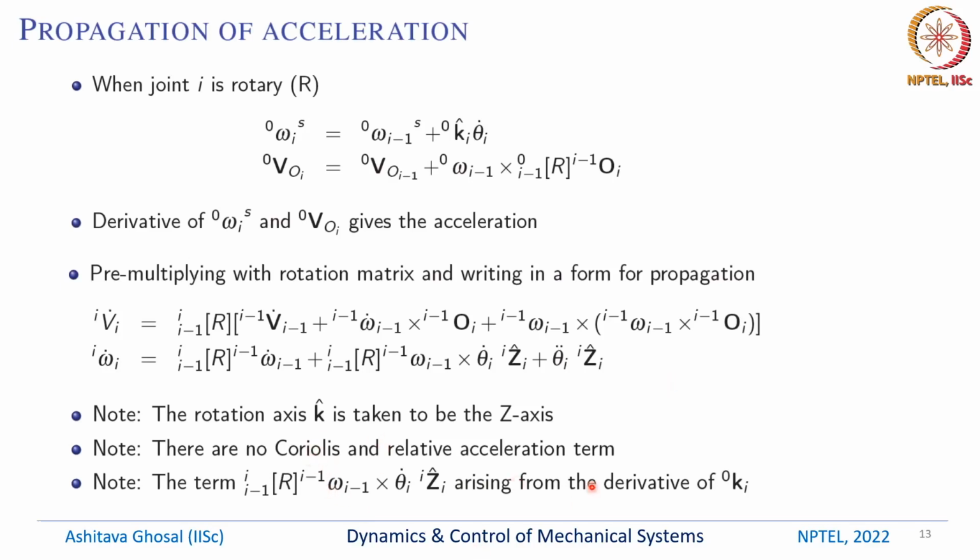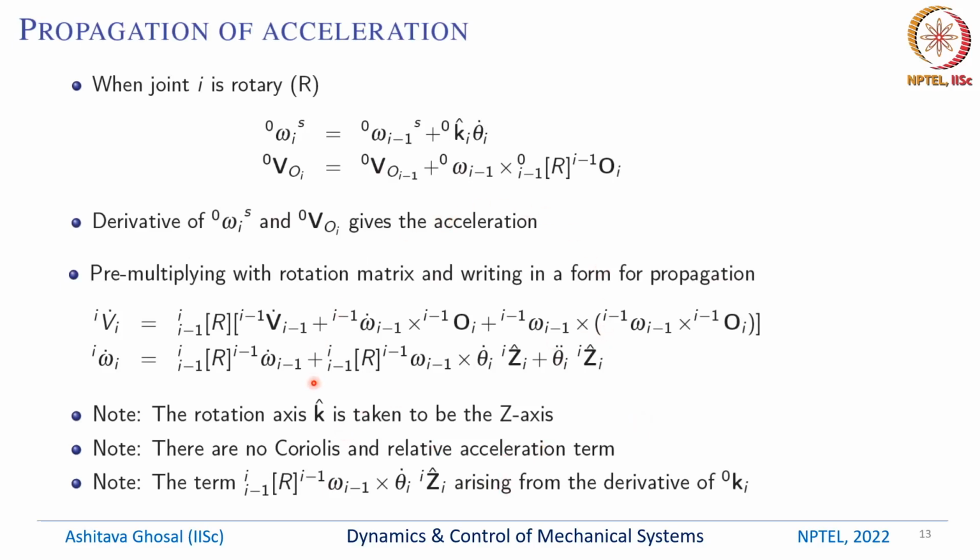Then we get these two terms. Remember, in the acceleration expression there were 5 terms. Here there are only 3 terms. Which are the 2 terms that are missing? The Coriolis term and the relative acceleration term are missing because they are not there when you have two rigid bodies connected by a rotary joint.